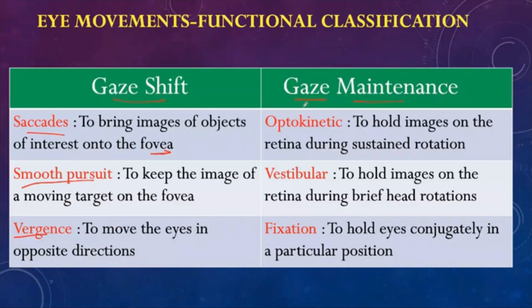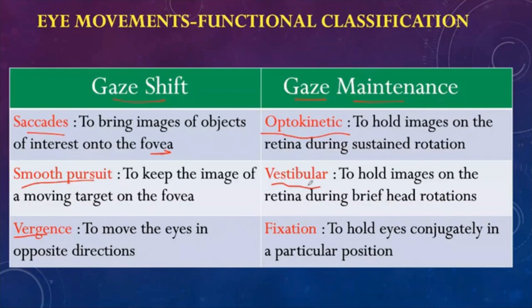Other movements, classified according to function, are called gaze maintenance. They maintain the gaze, like the optokinetic nystagmus. You remember when the examiner was holding the optokinetic drum and rotating it in front of the child's eye, the child's eyes were moving with the rotation of the drum. So it will maintain its position on the alternating dark and white stripes.